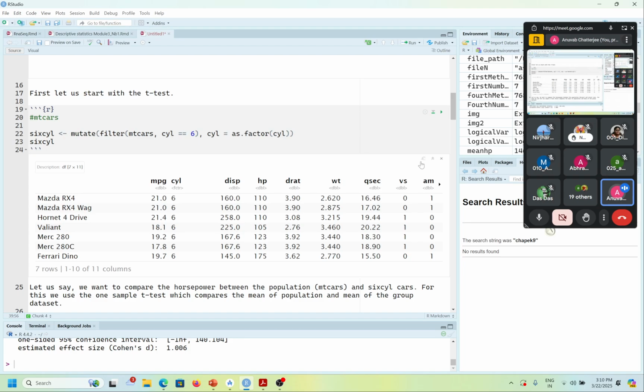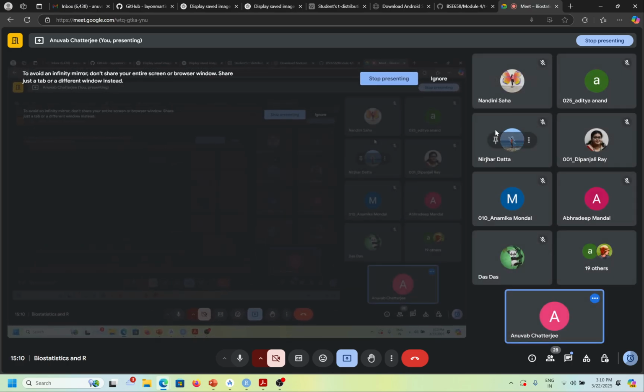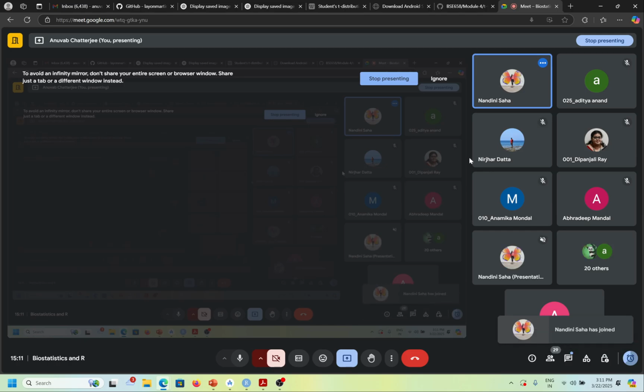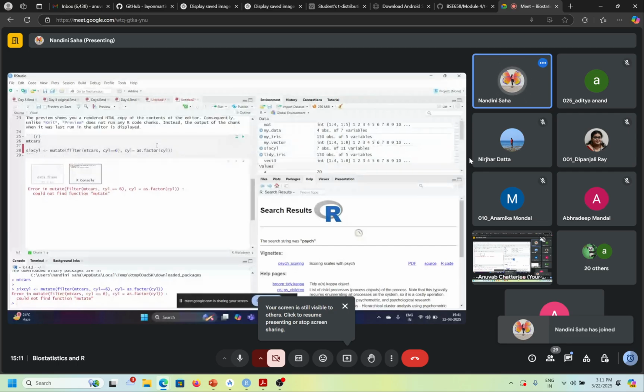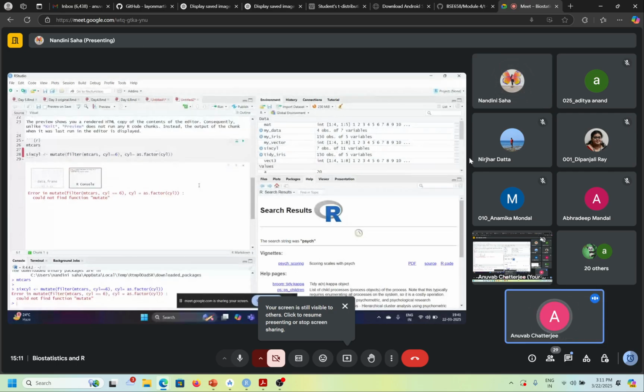Can you share your screen and show it to me? Is it visible? Yes, it is visible. Could not find the function mutate.